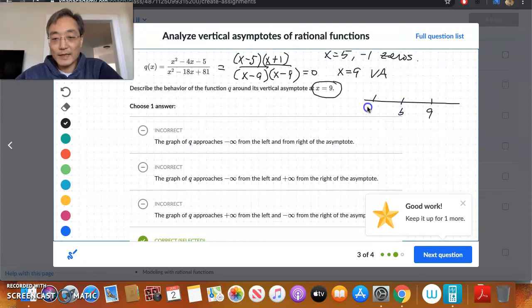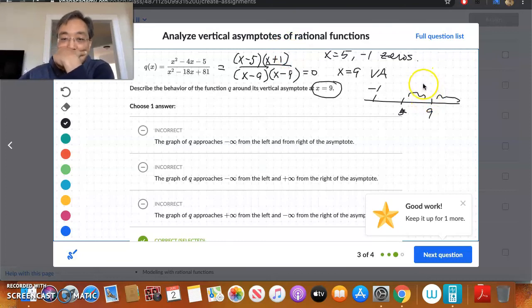Okay, so what we can do is a little analysis. We can see what's going on to either side of x equals 9. So take a value and plug it into the function. All right?